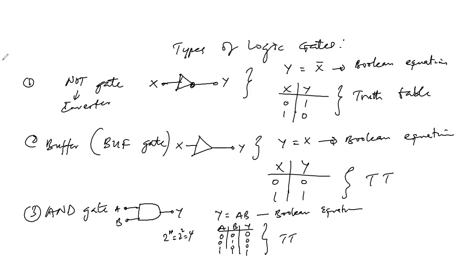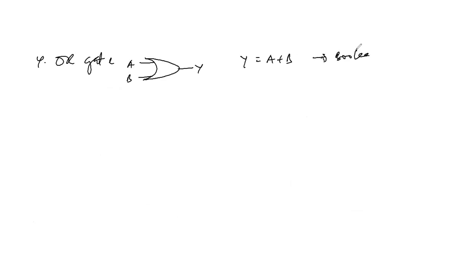Then we also have the OR gate, which looks something like this. So input A, B, and the output Y. So this is more like addition. So Y is the same as A plus B. Is the following operation by the truth table.